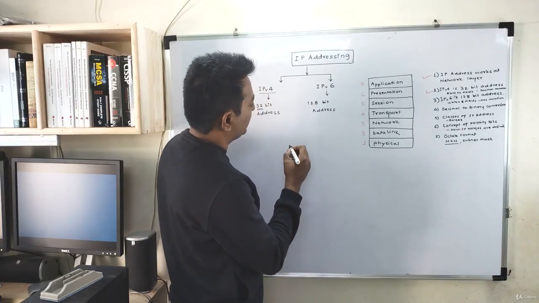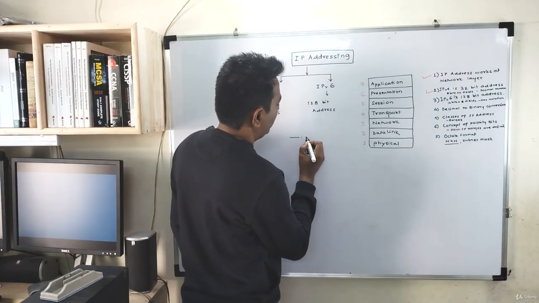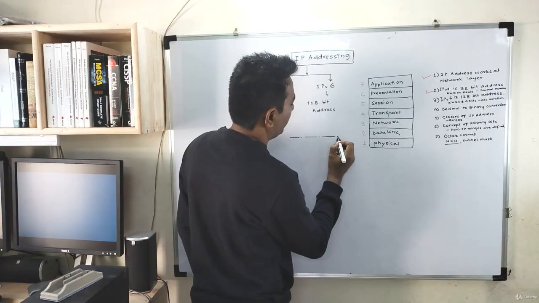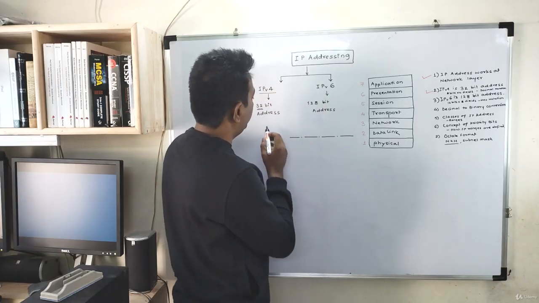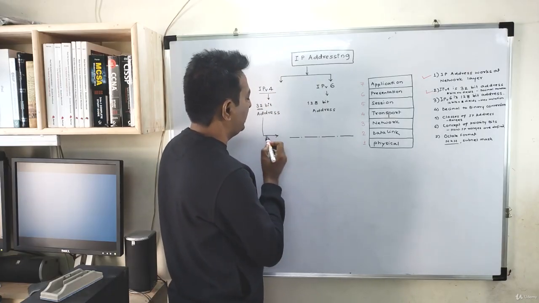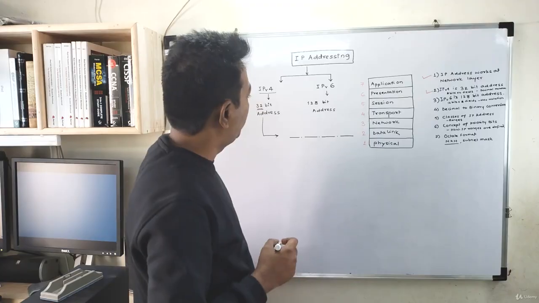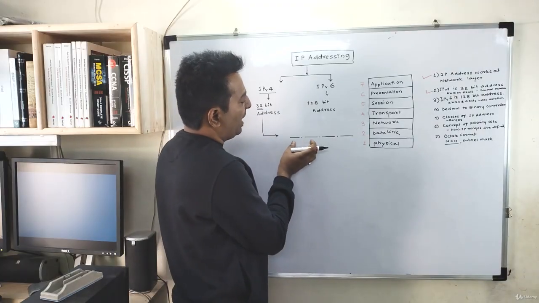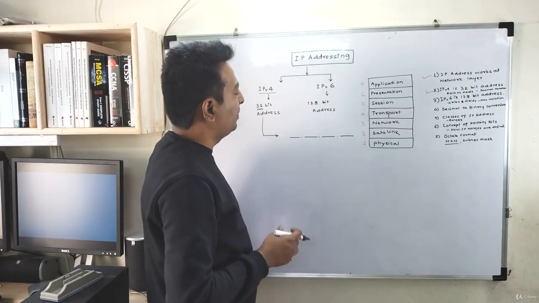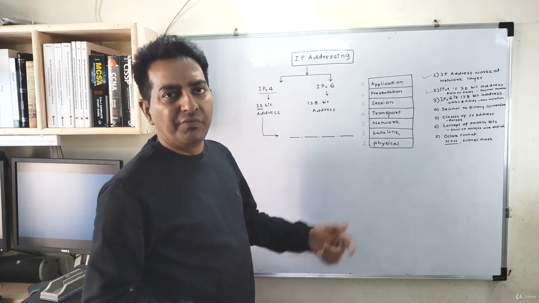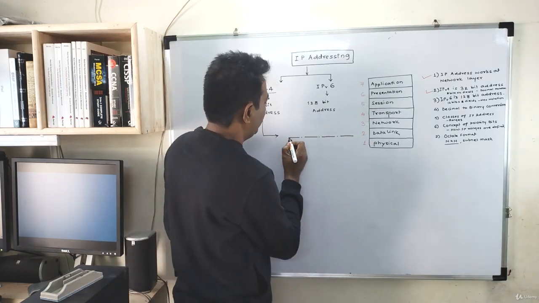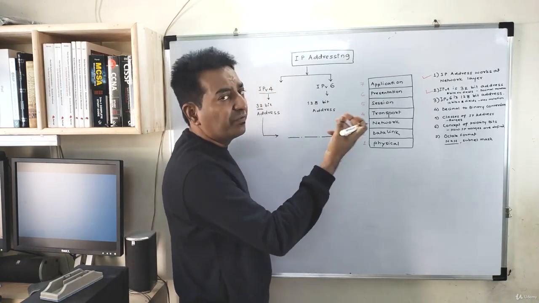Let us first try to understand the composition of an IP address. Friends, now I am specifically talking about IP version 4. The IP address is divided into 4 different parts, or we can say 4 different fields.